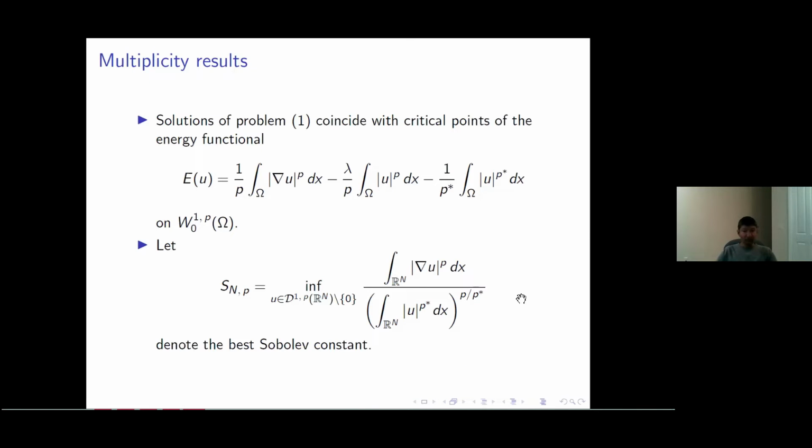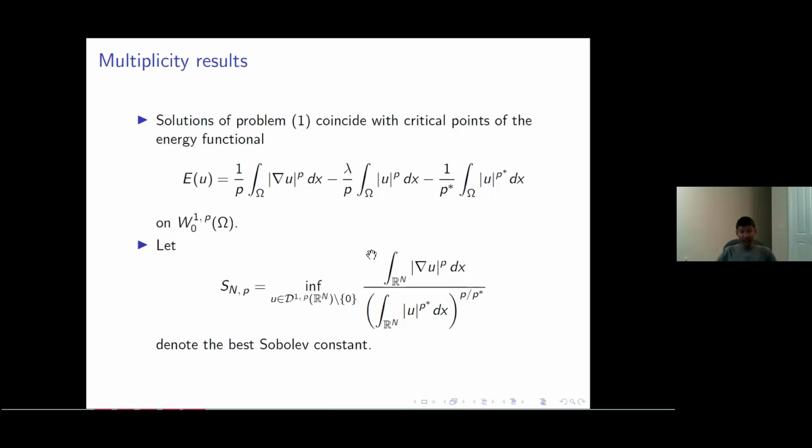Okay, so to state our multiplicity results, first recall that the solutions of our problem coincide with the critical points of this energy functional E(u) defined on the Sobolev space W^{1,p}_0 of omega. Let me also denote by S_{n,p} the best Sobolev constant.